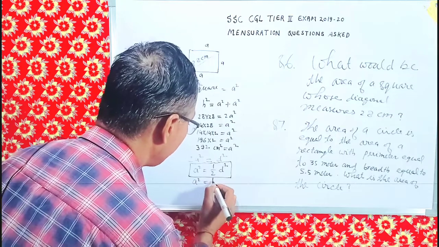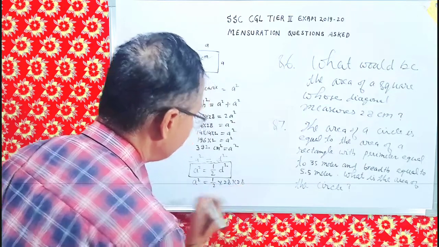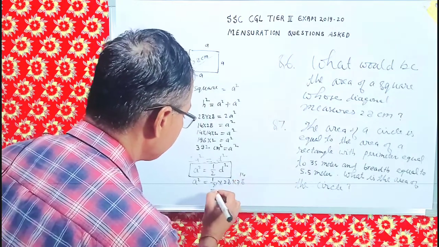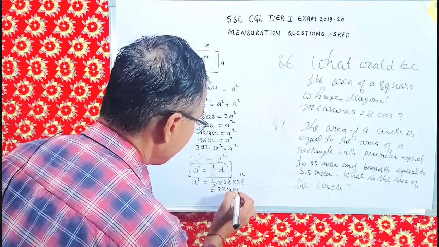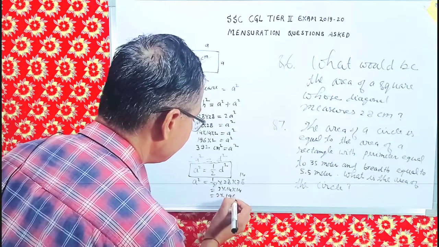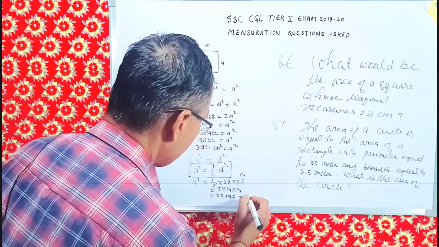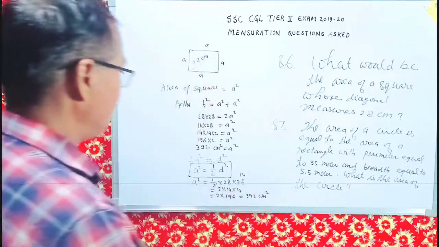A square is equal to 1 by 2 into 28 into 28. This 2 will cut 28 14 times, and we can write 28 as 2 into 14. 14 into 14 is already there, so 2 into 196 equal to 392 square centimeter.